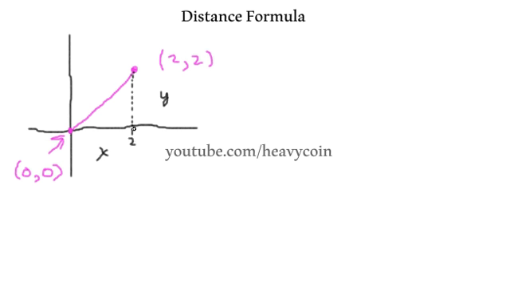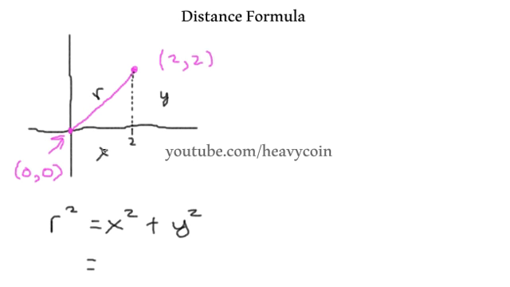So we go over 2 units and then up 2 units. That gives us this address right here. Alright, so we're going to use r squared is equal to x squared plus y squared. And so this right here would be considered r, which is going to be the distance, right? This is the hypotenuse of this right triangle right here.